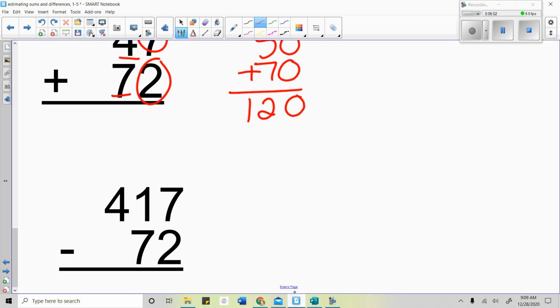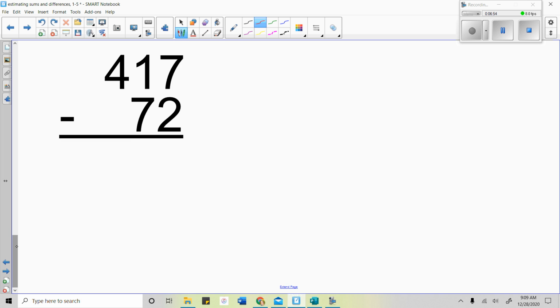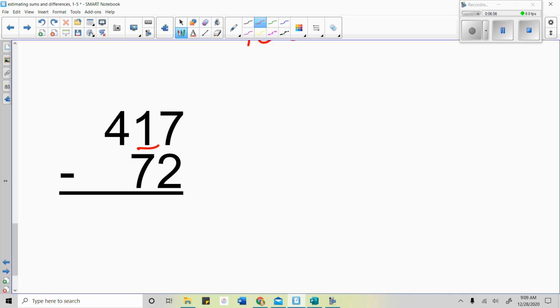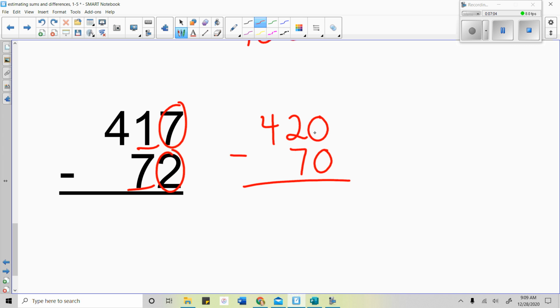Okay, last problem. Remember to pause the video as you solve. It rounds to 420 and 70, and we're going to be subtracting here. This one we do need to borrow, and you would get 350. So remember, when rounding or estimating addition and subtraction problems, you have to round the numbers to the same place before solving.